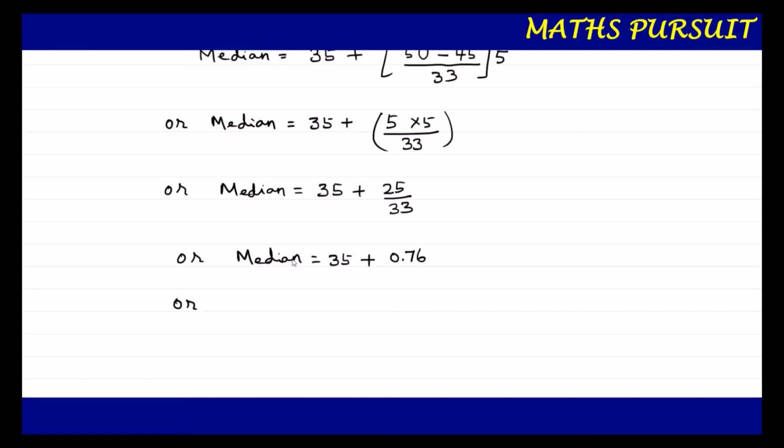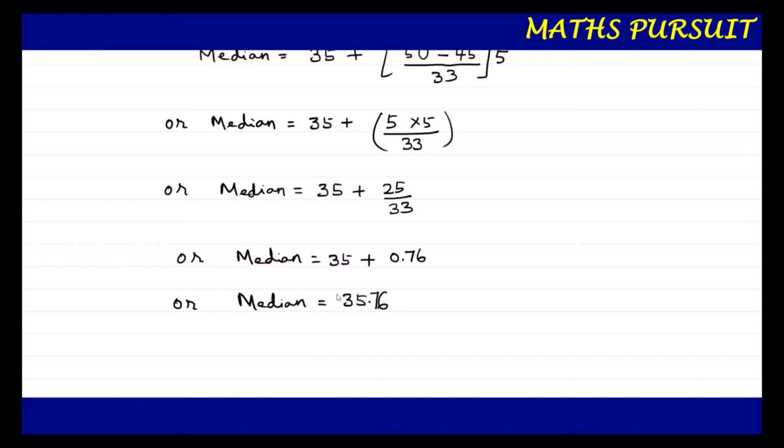So median is equal to 35.76, because 35 plus 0.76 is nothing but 35.76. So guys, our answer is this one.